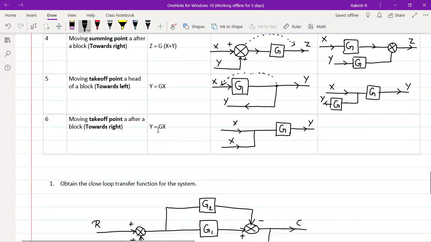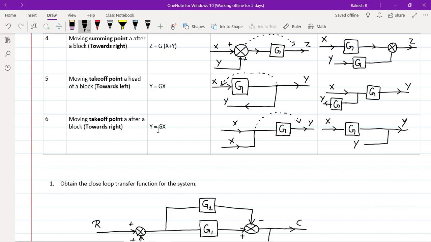Our next one is to move the takeoff point towards right. When we move the takeoff point towards right, the block diagram will reduce like this. We have the input X, the output Y, and the block here.